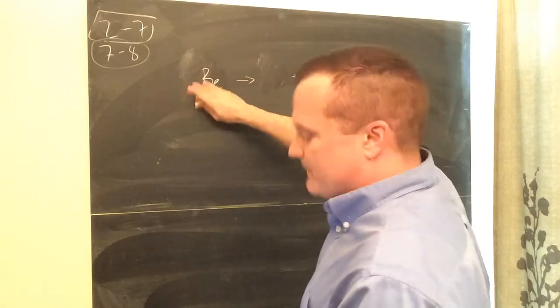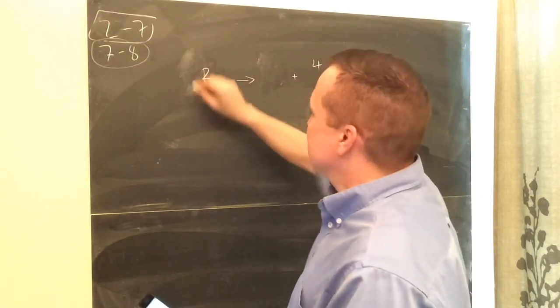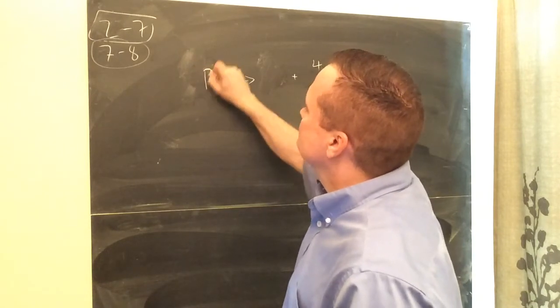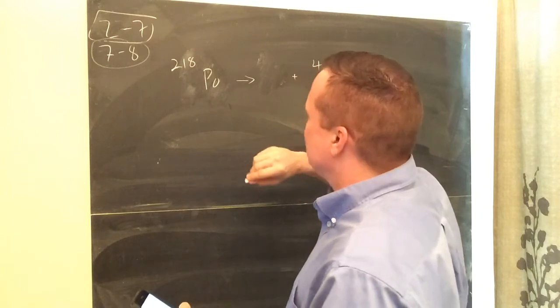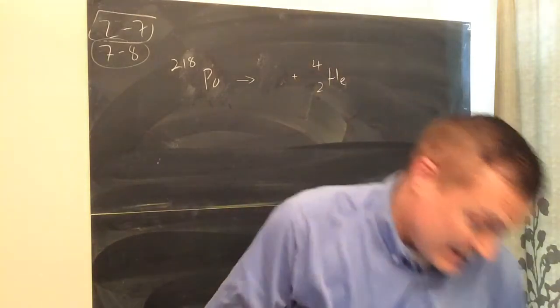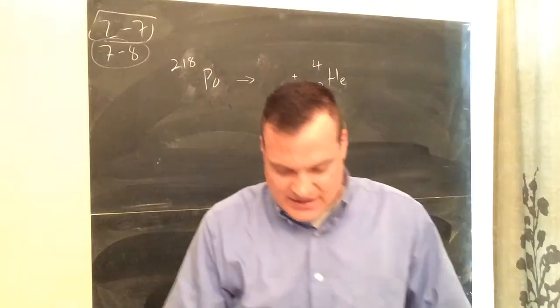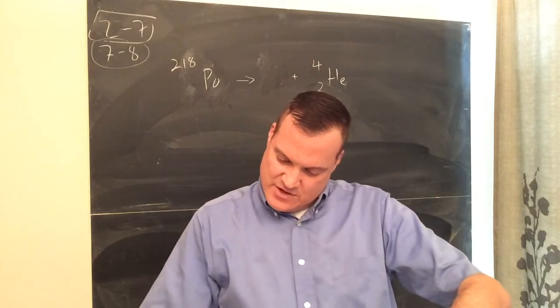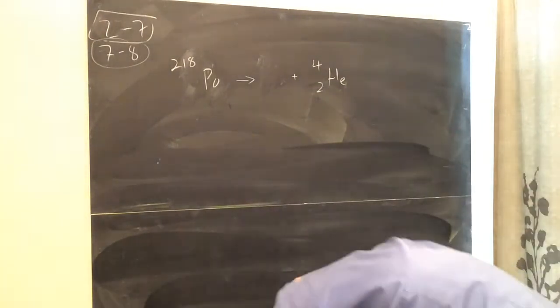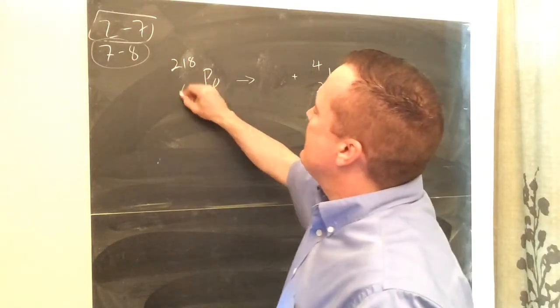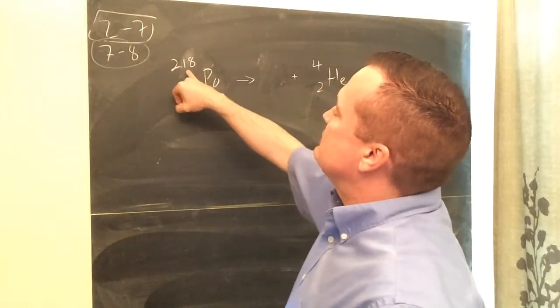See, if I jumped up to polonium-218, you're not going to have to do this, okay? But it's not a bad idea to be aware of this. I would be surprised if we put this on the AP. Polonium is 209.84, so this version of polonium is 218.